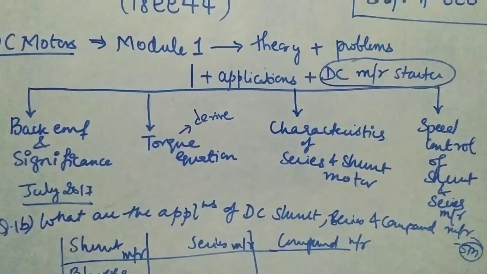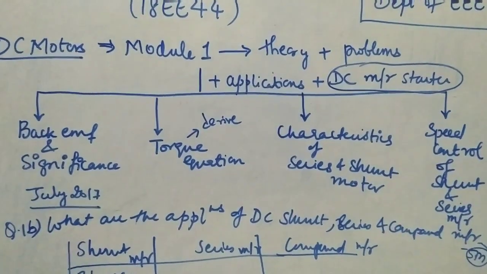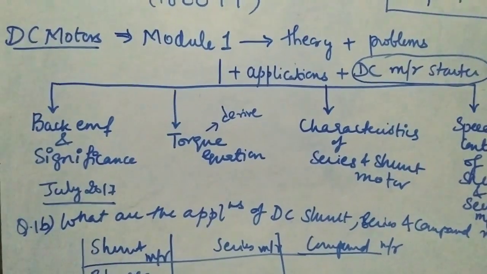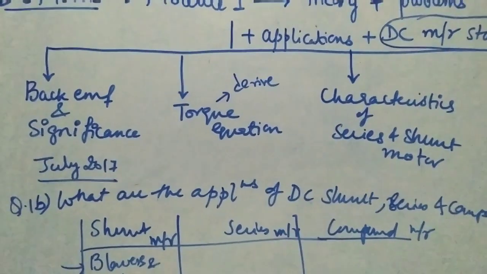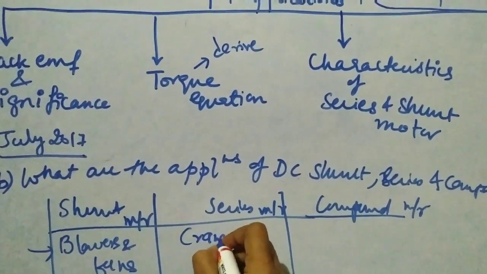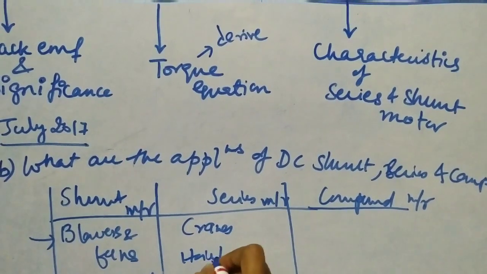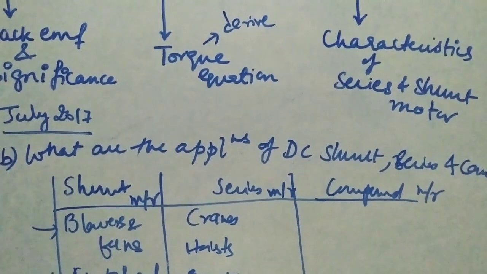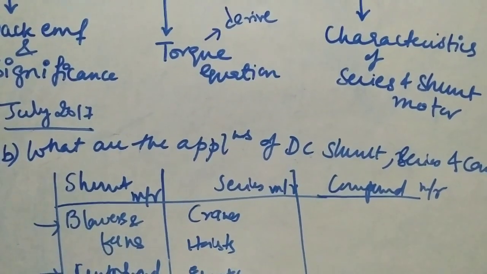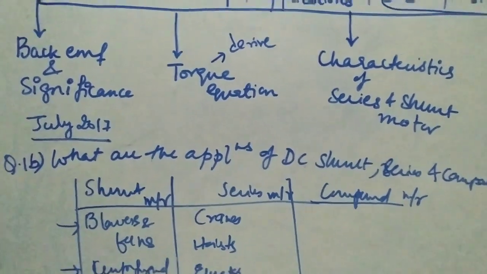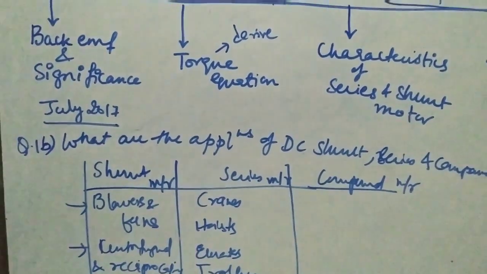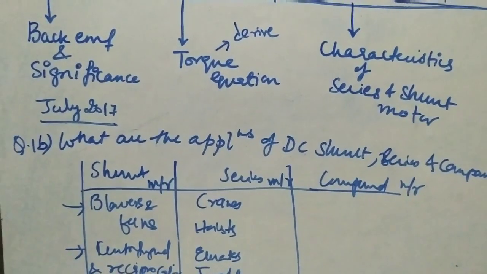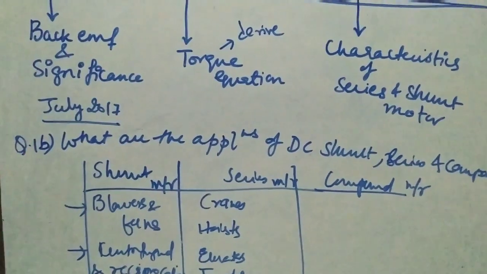Due to that reason, the series motor is used for lifting purposes, like cranes, hoists, elevators, trolleys, conveyors, and also electric locomotives and traction. All of these are applications of a DC series motor.